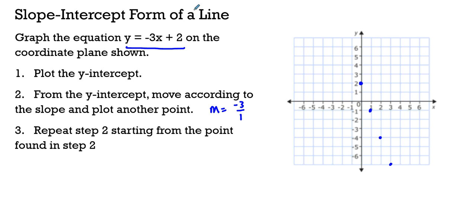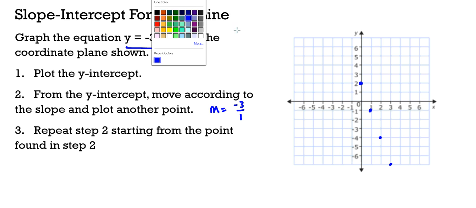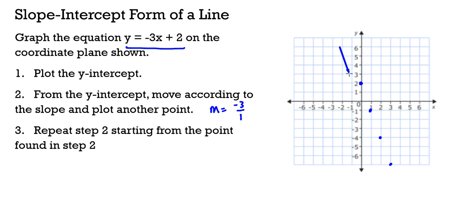Because if you only do it twice and you make a mistake, you'll still be able to make a line through those 2 points, even though one of them's wrong. Right? And then if we make a line now through this, that line there is our line of the graph.